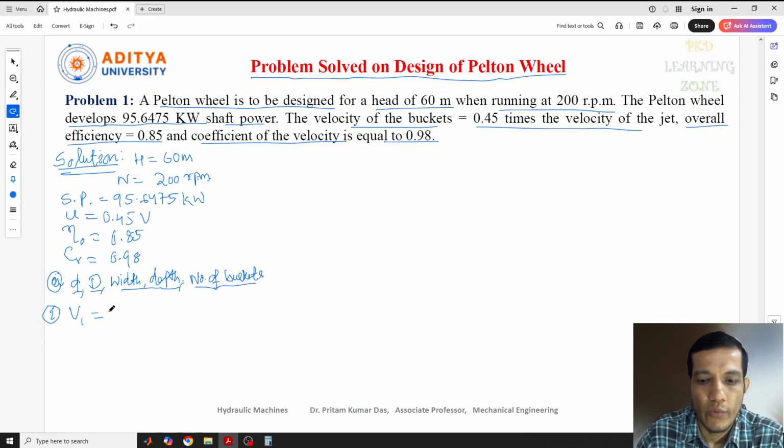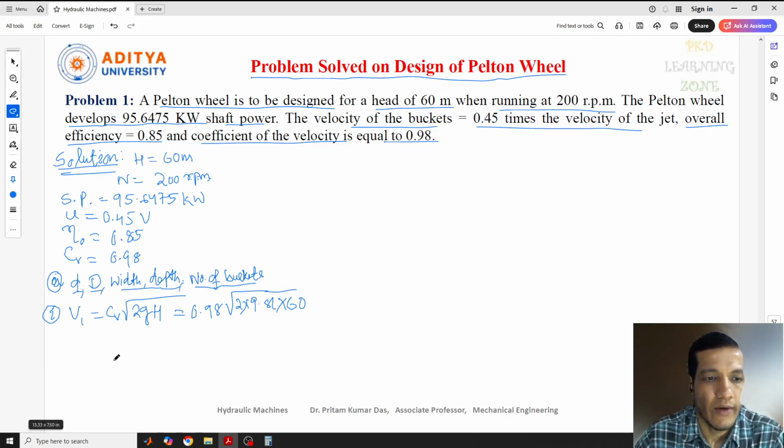The velocity of jet, we know that V1 equal to, we know the formula, this is CV into root over of 2GH. So CV equal to given 0.98 and root over of 2 into G value is 9.81 and H equal to, it is given in the question already, 60 meter. If you solve this one, you can find out the value of V1.